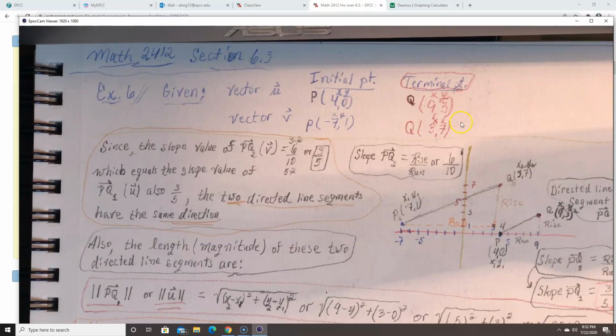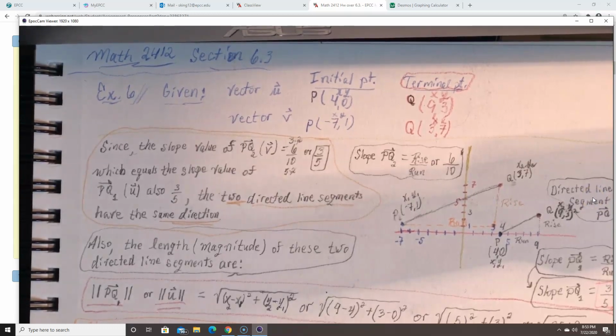The second dimension value is y equals 3, upward 3 units. And so there is the terminal point Q, (9, 3). In terms of a directed line segment, we say directed line segment PQ with this vector symbol on top of it. So this is a directed line segment.